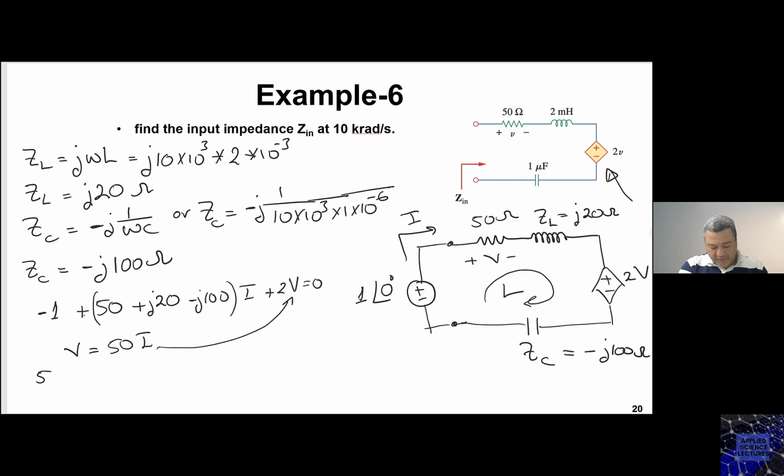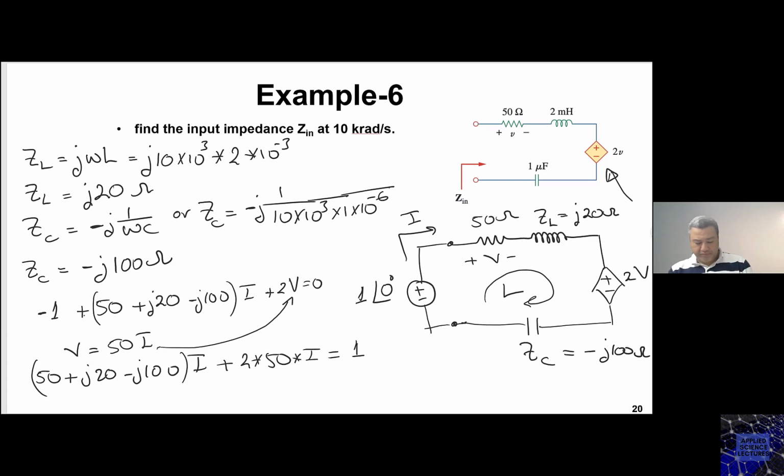We get 50 plus J20 minus J100 I plus 2 times 50 times I equals 1, right?